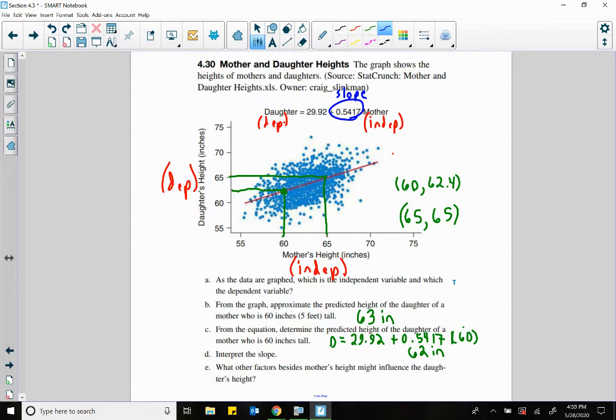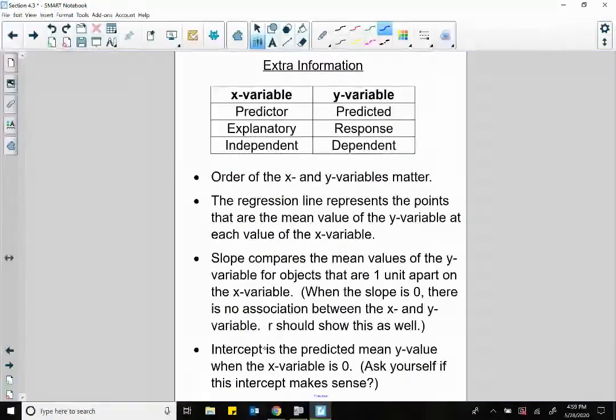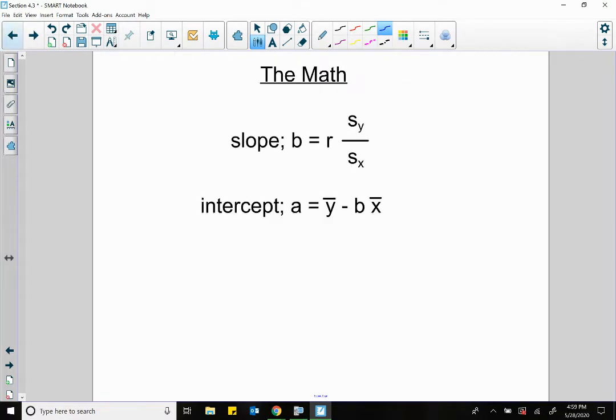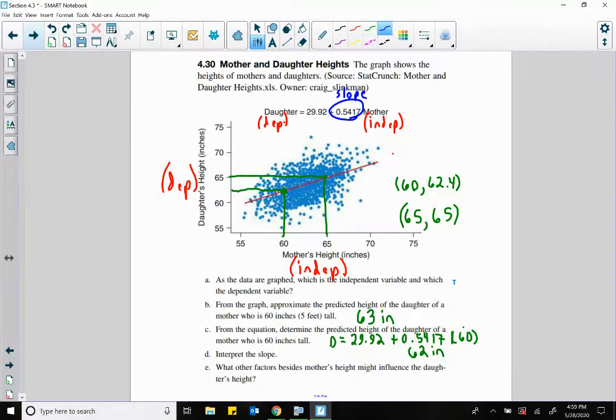Now, the other thing you can think about is the intercept. So the intercept, I went back too far, is right here.